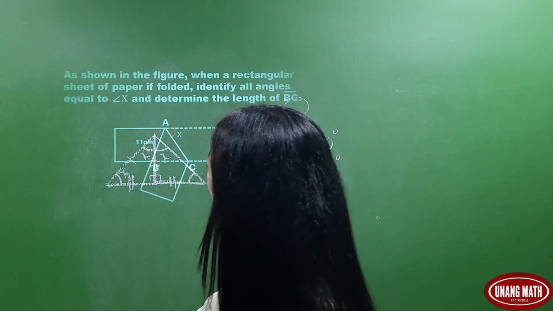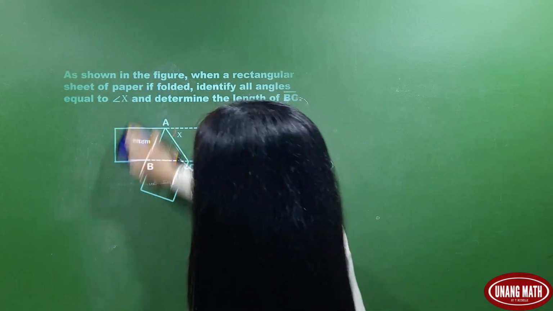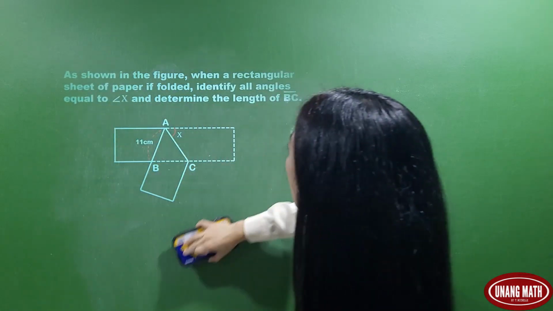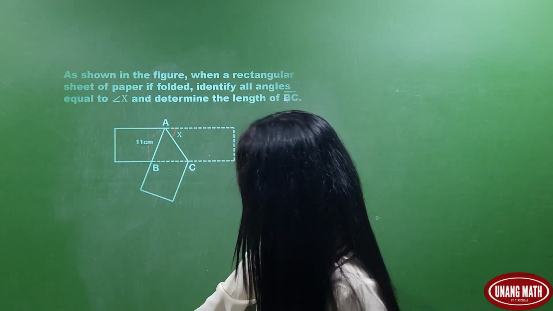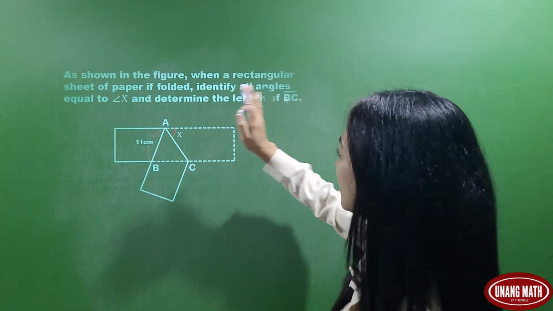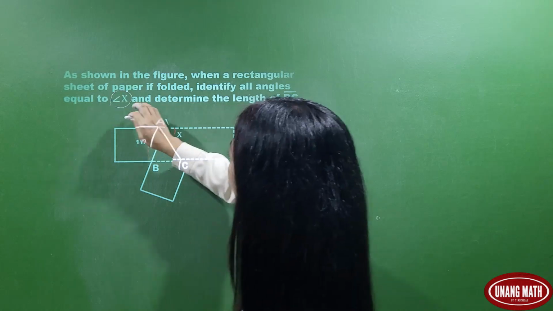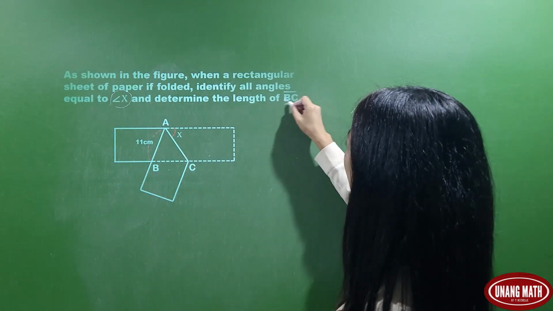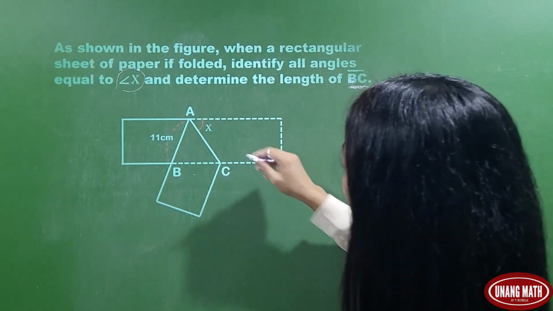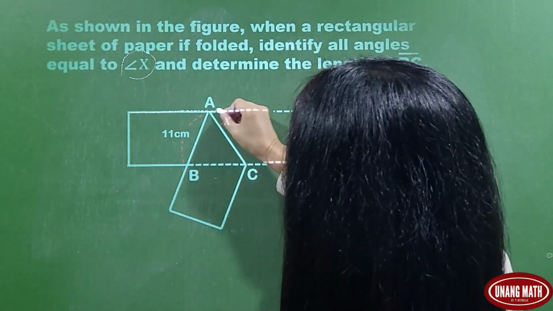Moving on to our next figure or question. As shown in the figure, when a rectangular sheet of paper is folded, identify all the angles equal to angle X and determine the length of segment BC. So, where's the rectangular sheet of paper?